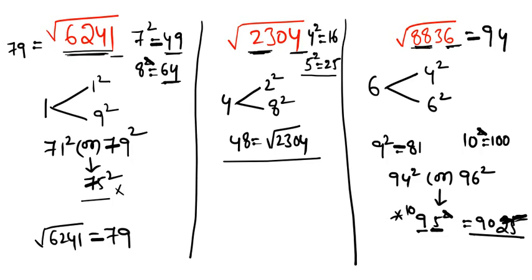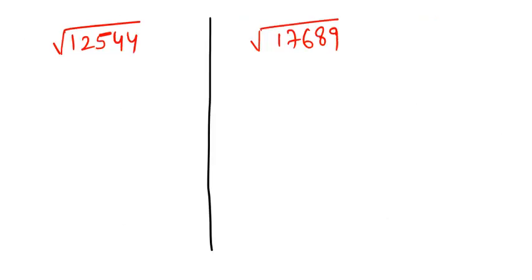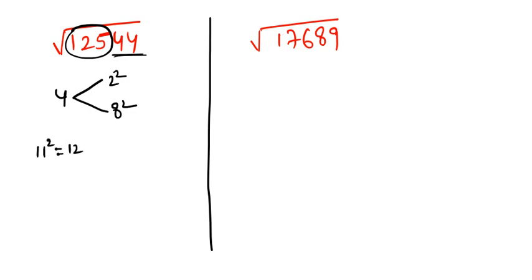We'll see more problems. Root of 12544. To find this one, we again check the units place. 4 is the units place for 2 square as well as 8 square. Remaining 125, where we get 11 square equal to 121 and 12 square equal to 144. So it may be 112 or 118.